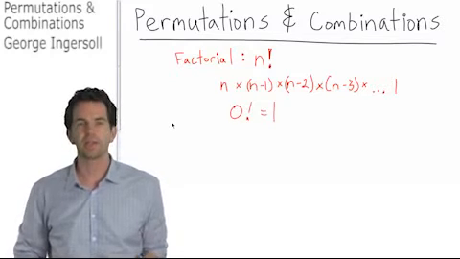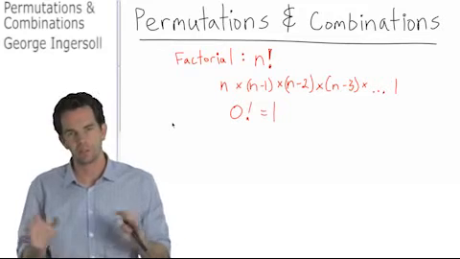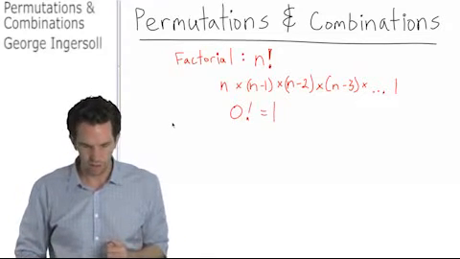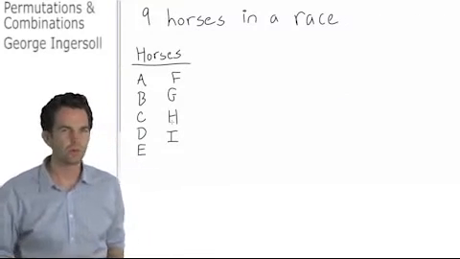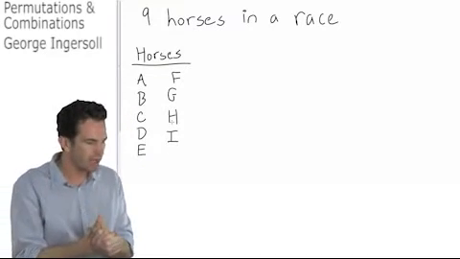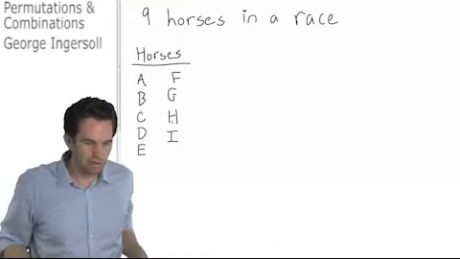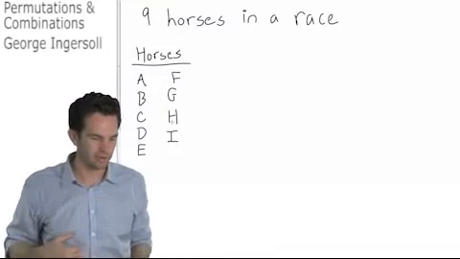Basically, permutations and combinations are the number of ways we can arrange things given different sets of circumstances. With permutations, order matters. The way that we order things matters. So, an example, horse racing. Let's say we go to the track, there's 9 horses in the race.